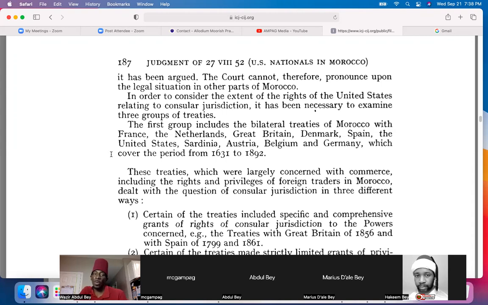So these were French Moors, Netherlands Moors, British Moors, Spanish Moors. And then the United States, for example, John Hanson. John Hanson was the first president of the United States, not the United States, what was it called?